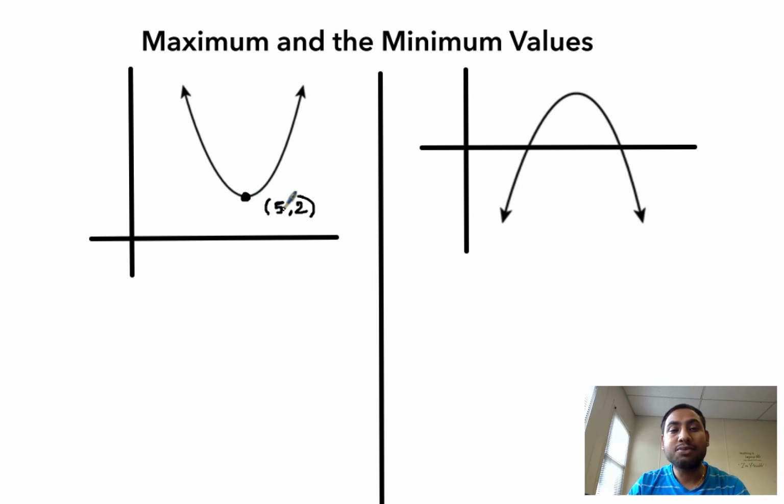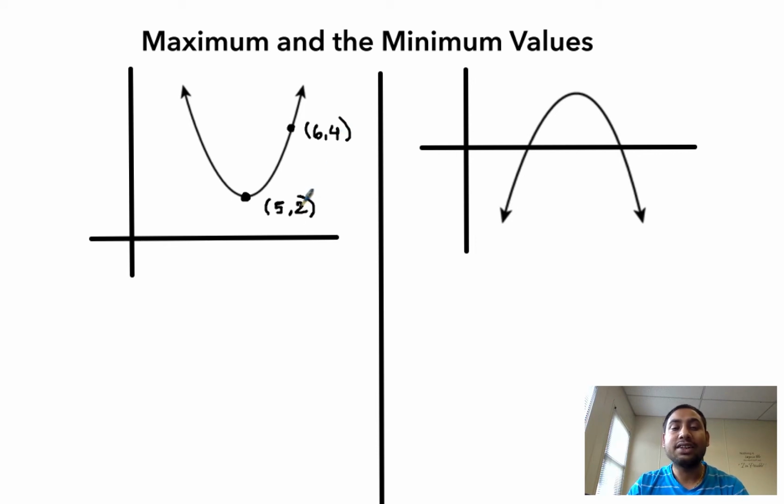So because (5, 2) is the lowest point on the graph, the y value of this function is never going to be less than 2, okay? So all the y values are either going to be equal to 2, or they could be higher than that, right? So for example, this point might be (6, 4). See, the y value is bigger than the y value at the vertex, 2, right?